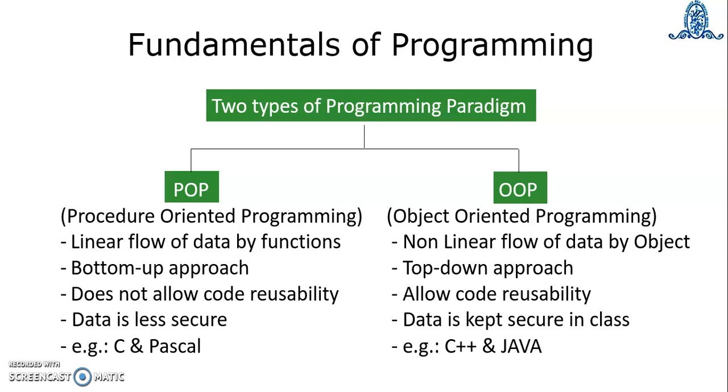Data is more secured in OOP using class concept. The examples of POP languages are C, Pascal and Fortran. Examples of object-oriented programming are C++, Java and Python.